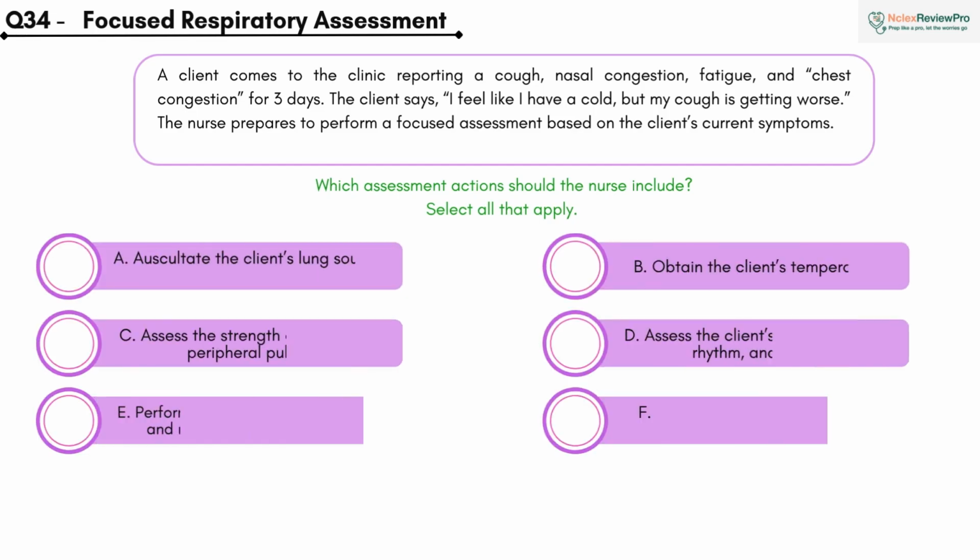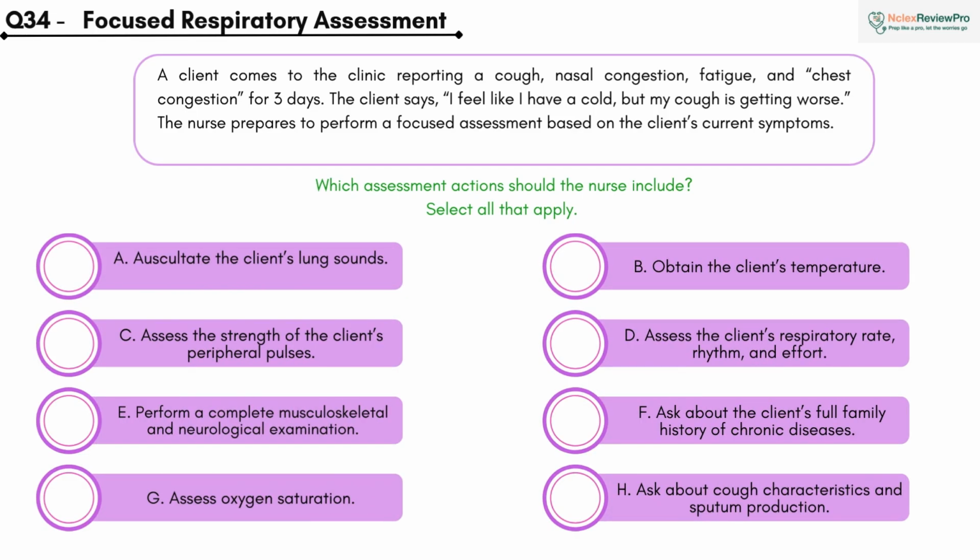The options are: Option A, auscultate the client's lung sounds. Option B, obtain the client's temperature. Option C, assess the strength of the client's peripheral pulses. Option D, assess the client's respiratory rate, rhythm, and effort. Option E, perform a complete musculoskeletal and neurological examination.